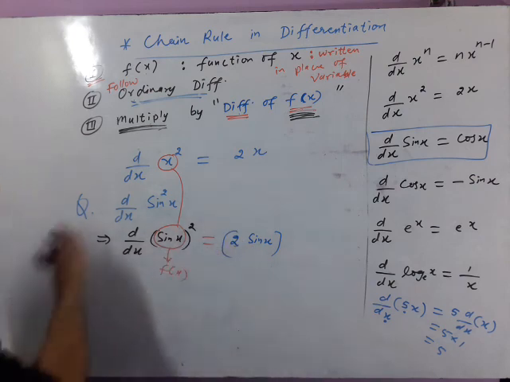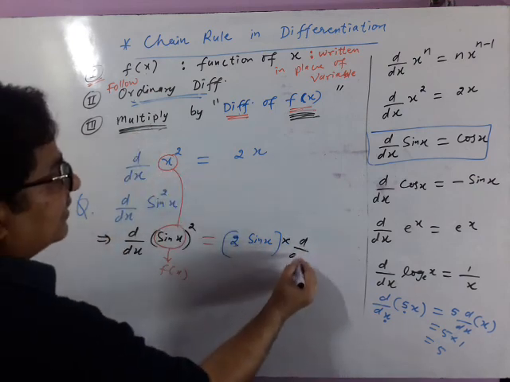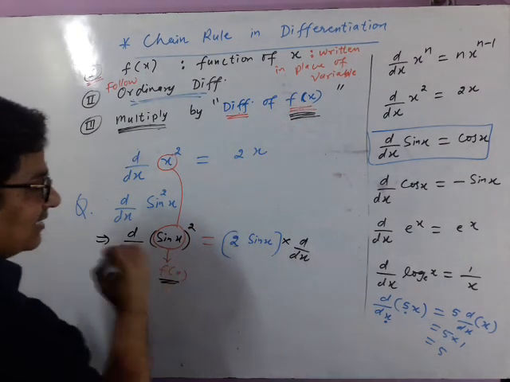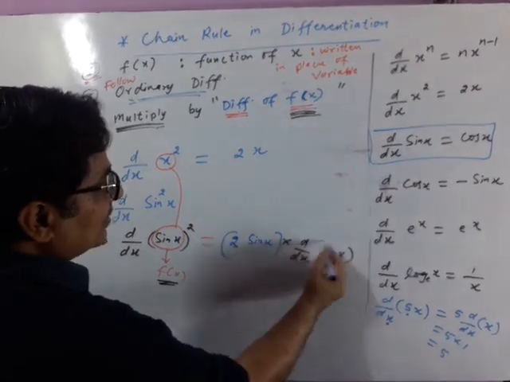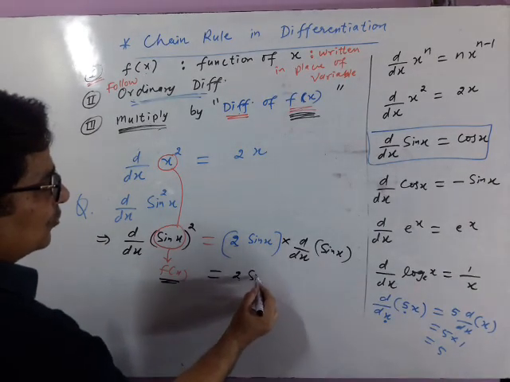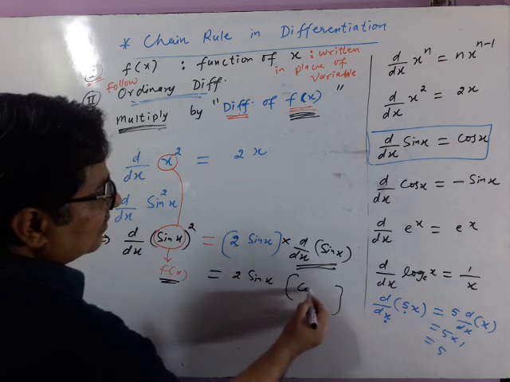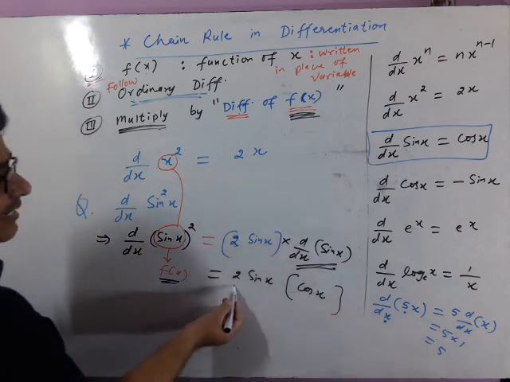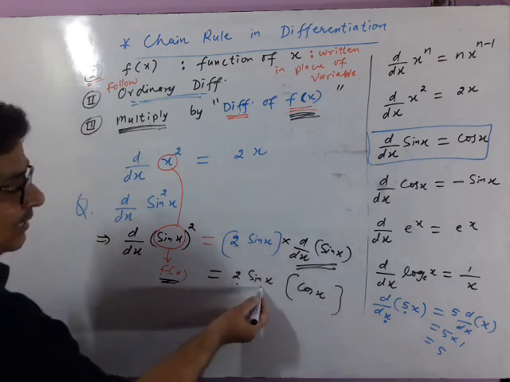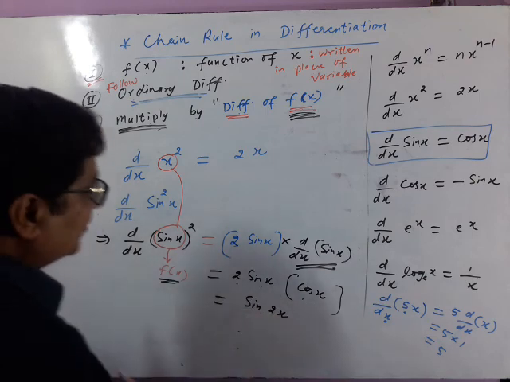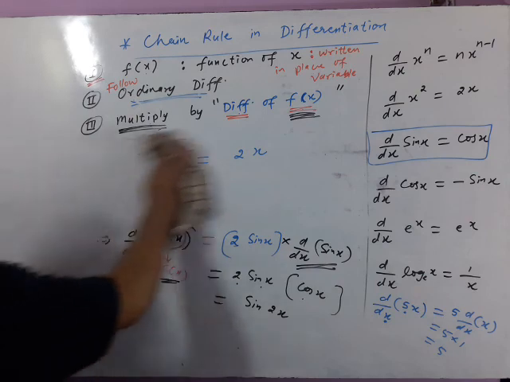Follow step number 3: multiply d by dx of the function of x. The function of x is sin x, so d by dx of sin x. So 2 sin x and the differentiation of sin x is cos x. You know this trigonometric identity, you may write it like this: 2 sin x cos x, or it can be written as sin 2x.